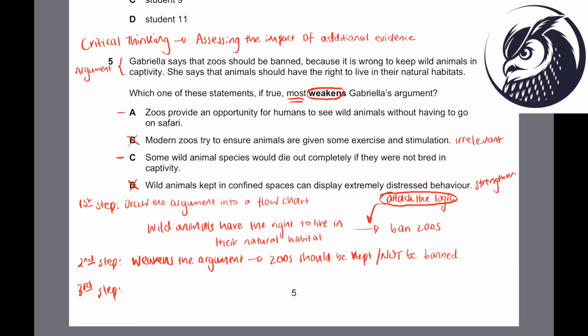So that's what I'll tell you in the third step. To find the best answer, the answer option must attack the provided argument.